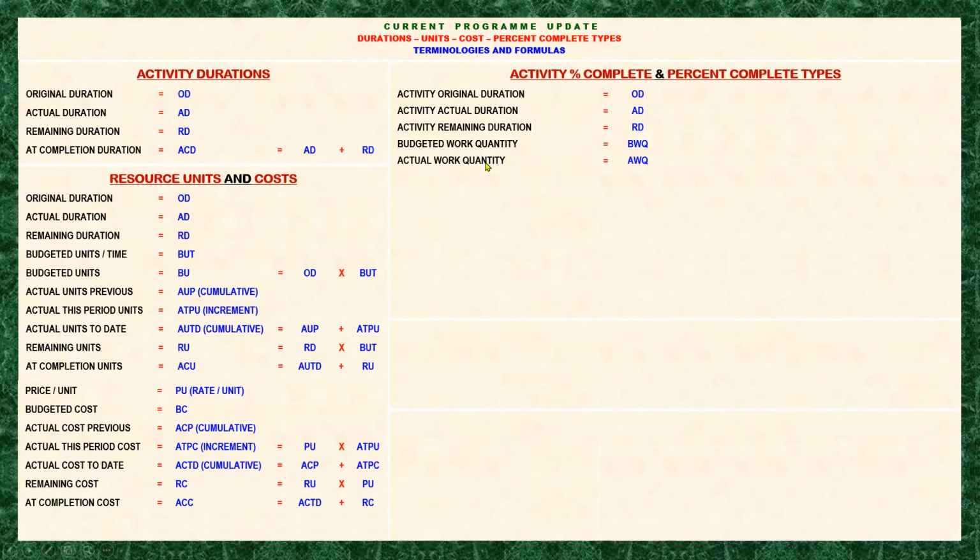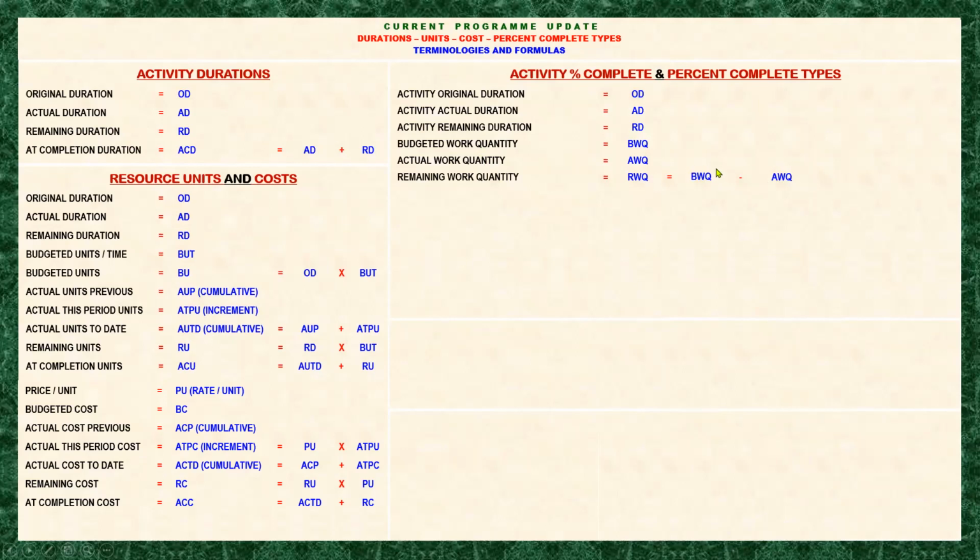Next is the actual work quantity. This is when we execute the project, and let's say we have completed 50 hectares of the site clearing works. And then we have here the remaining work, which equals the budgeted work quantity less the actual work quantity. Okay.